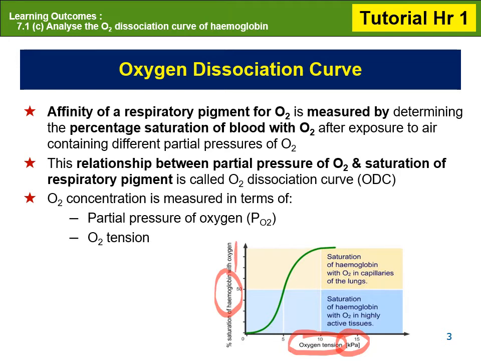So kita tengok perkaitan antara dua nilai-nilai. So bila kita plotkan dan dapatlah curve yang kita panggil oxygen dissociation curve.